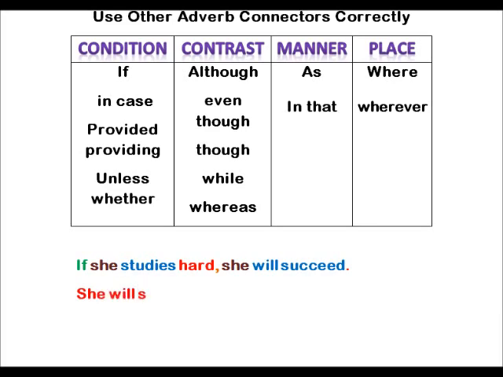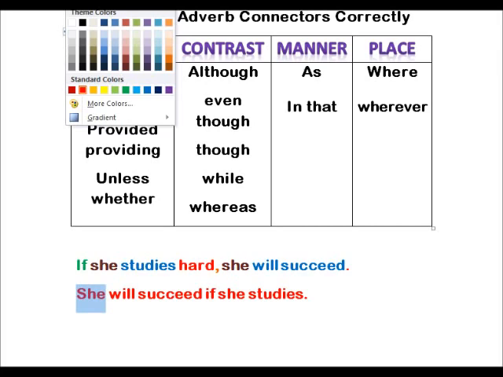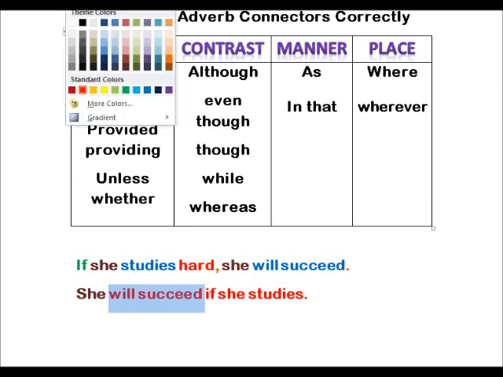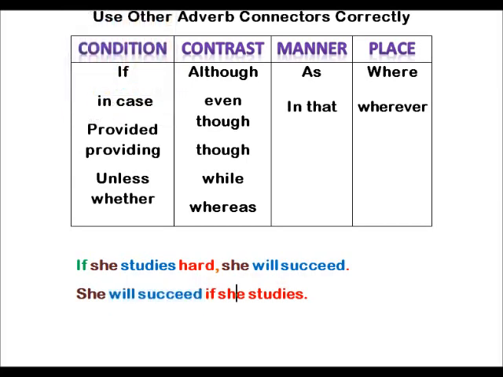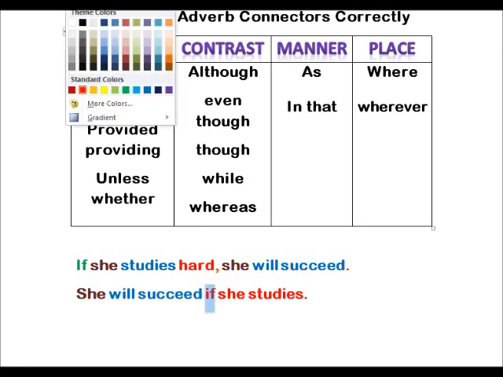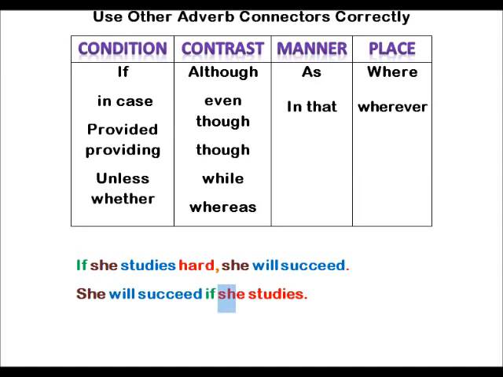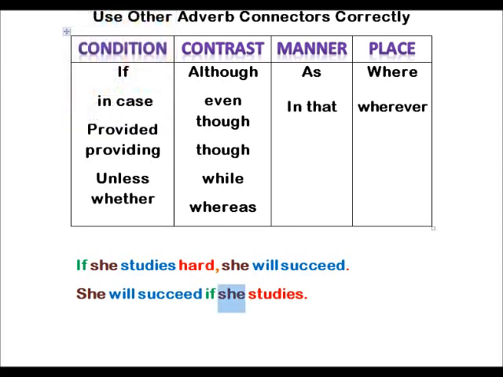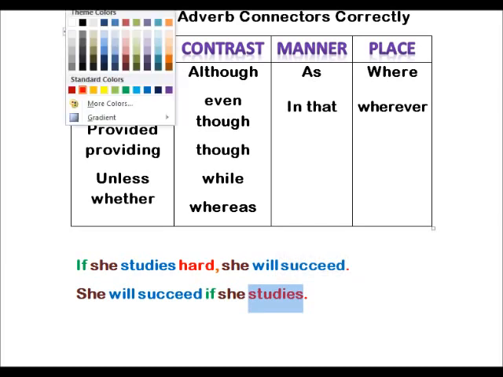She will succeed if she studies. Now as you see, we've got she, which is a subject, and we've got will succeed, which is a verb, and we've got if as a connector, and we've got she, which is also a subject, and then we've got studies, which is a verb.